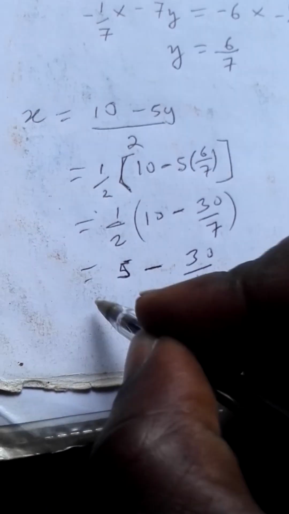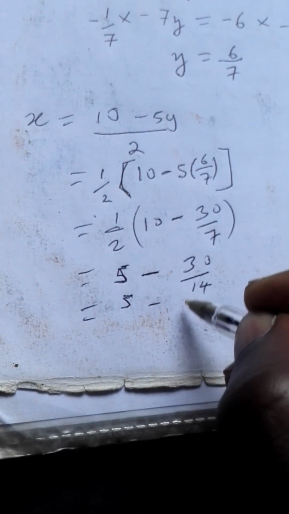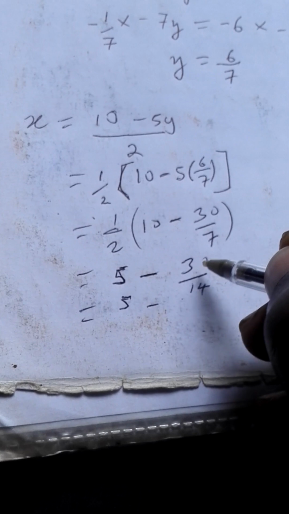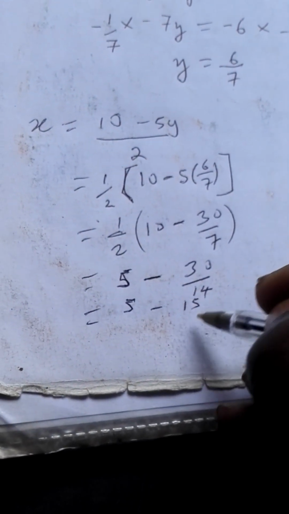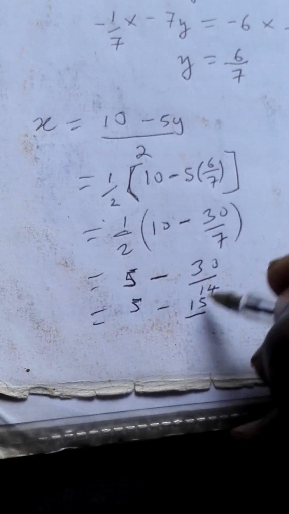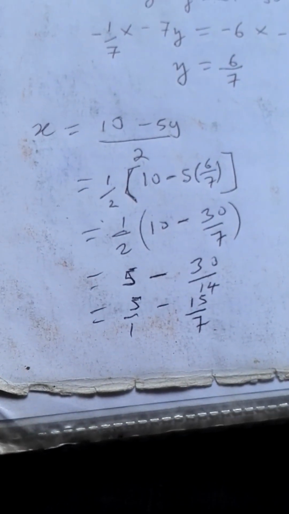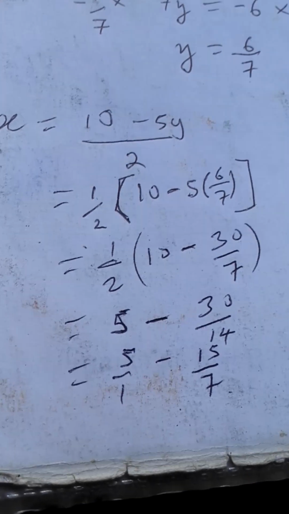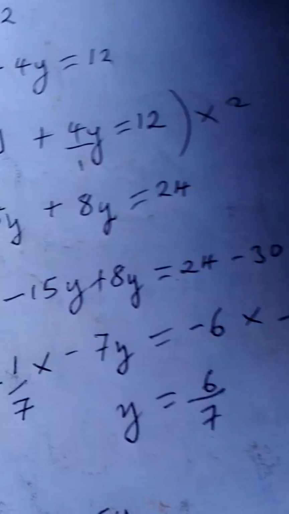Now the 5 can remain as it is, and then we can simplify this to 15 over 7. So we can simply say this is 5 over 1 minus 15 over 7.